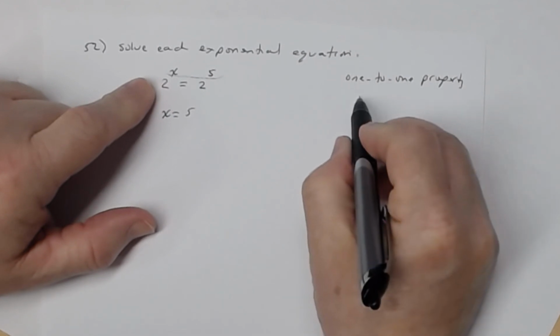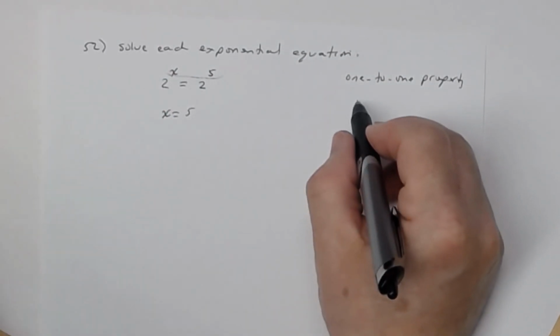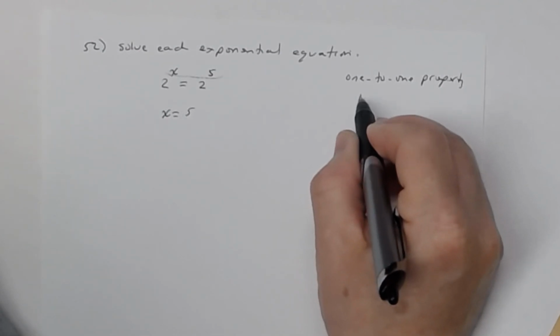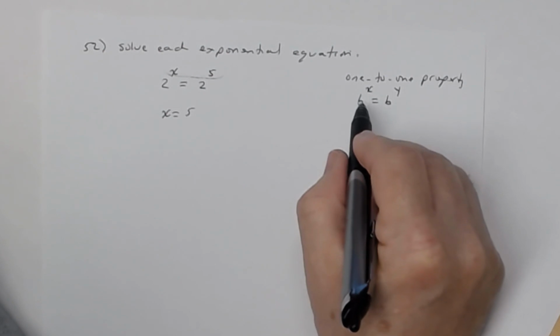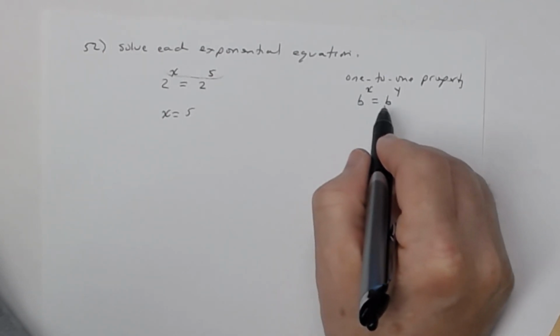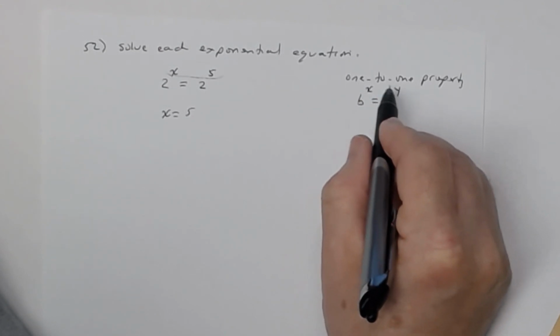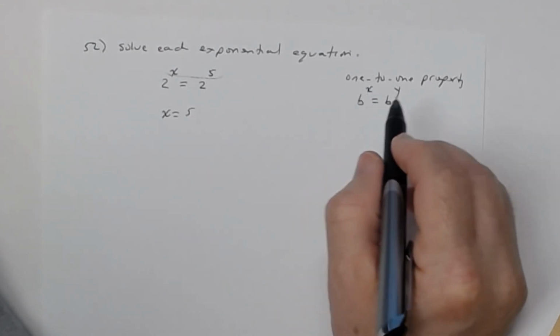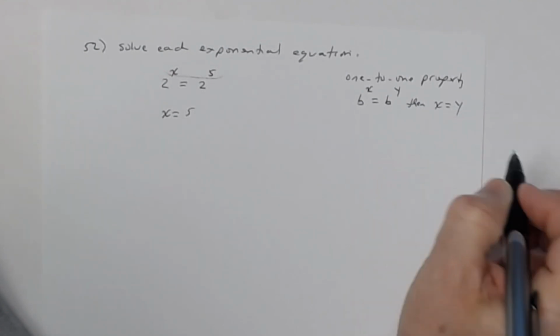The one-to-one property that you see most often with exponential equations is written like this: if you have b to the x equals b to the y, notice the bases are the same, they're both base b here, then according to the one-to-one property, the exponents must be equal to each other. So we can say that x must equal y.